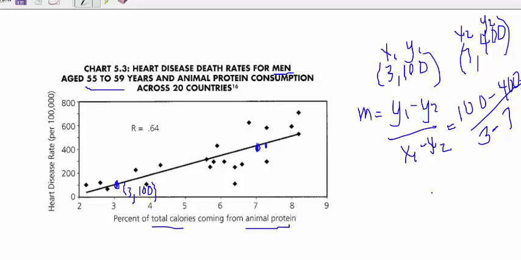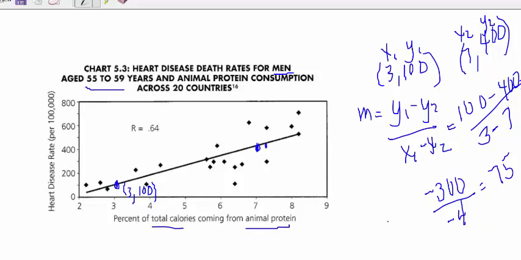So I'll get negative 300 divided by negative 4. The negatives cancel each other out, so it would be a positive slope, and 4 times 7 is 28, so 75. So the slope is 75, and it's positive, which makes sense because this is going uphill.